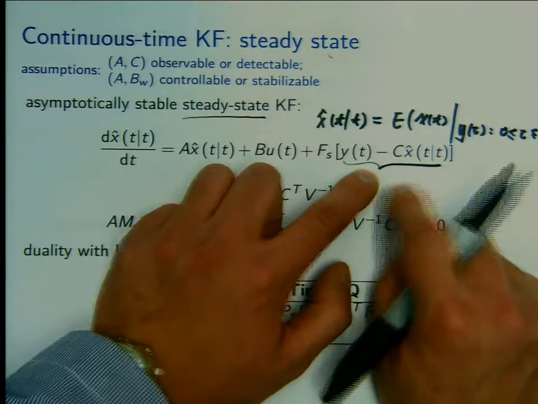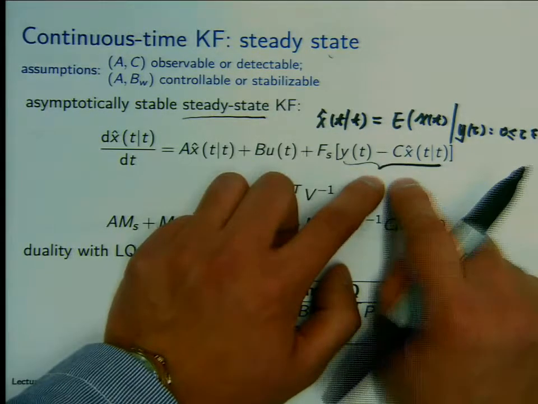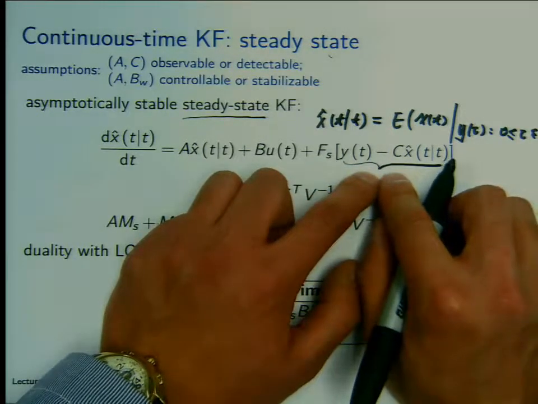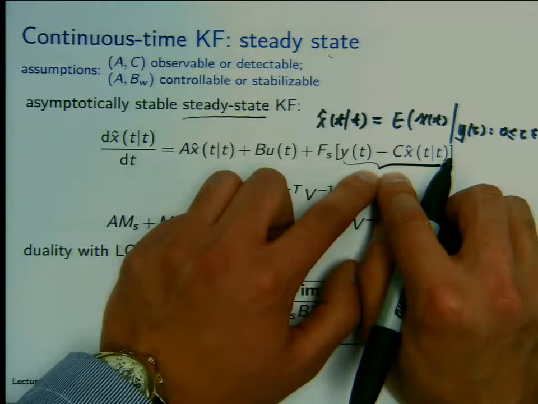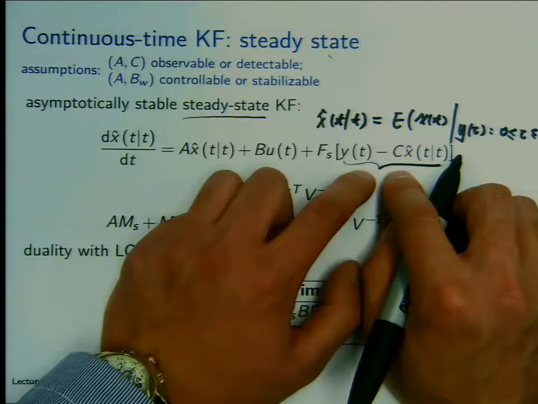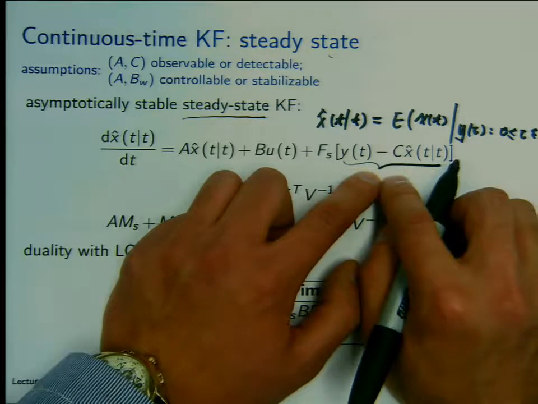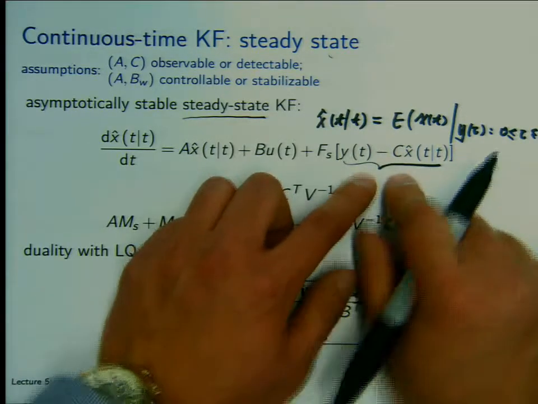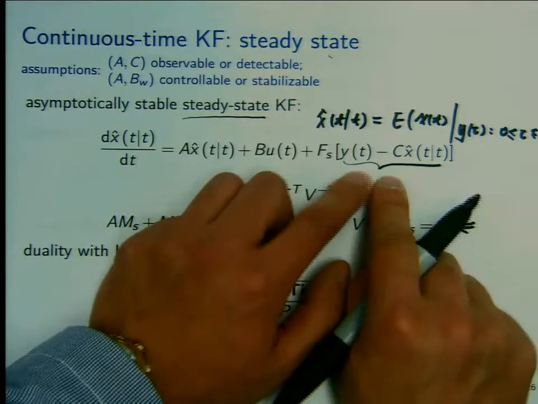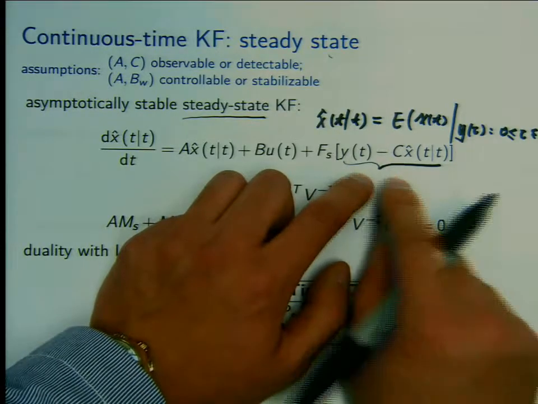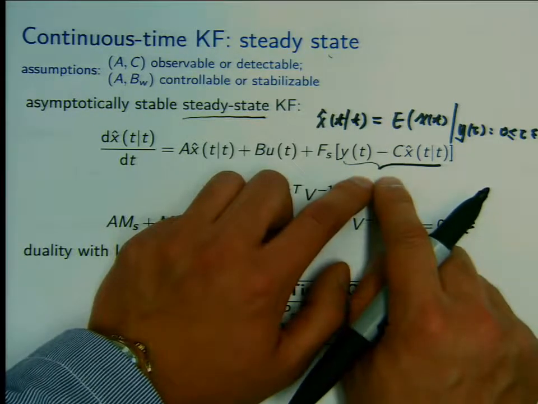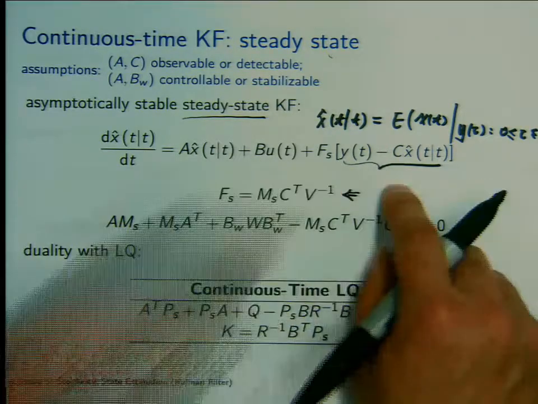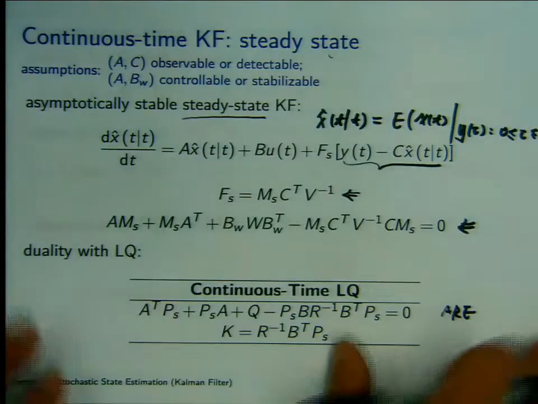If somehow I can show this error term is just impossible for us to reduce further, then that's saying the Kalman filter is doing a great job. Everyone sees that? So this is what I want to do next. I want to show you that the Kalman filter already gives us the best thing we can achieve. This residual term is impossible to reduce further. That's what I want to do next.